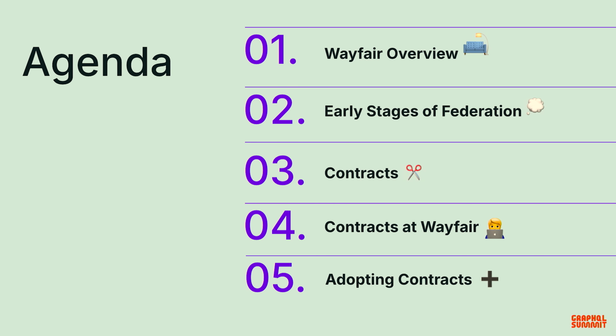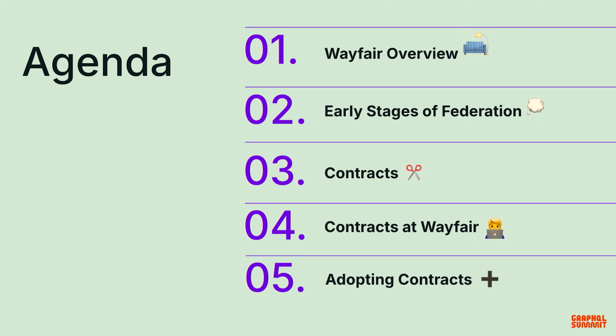So this is Schema Contracts, the most powerful GraphOS feature you're probably not using. So on the agenda for today, we'll take a look at an overview of Wayfair and GraphQL, more specifically the earlier stages of Federation, and some of the pain points that we saw as we were venturing into Federation.